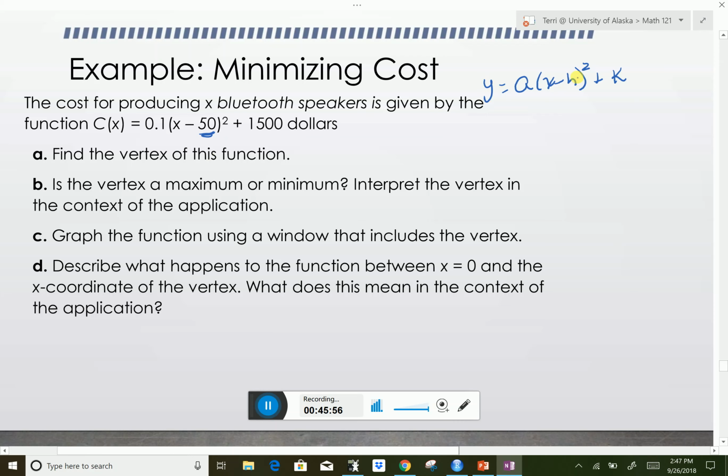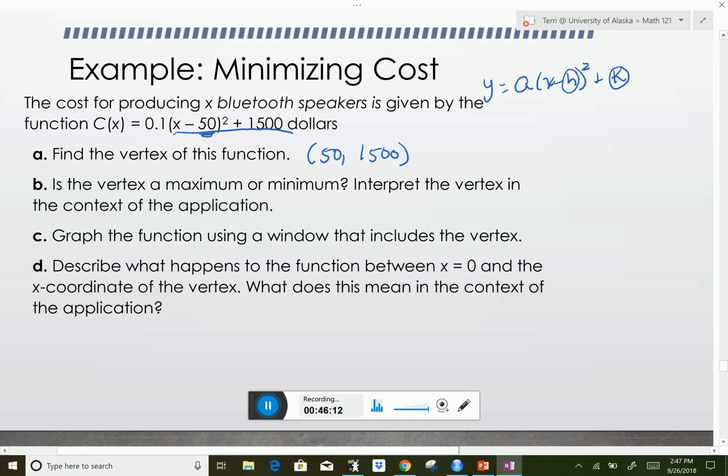So remember, the vertex is (h, k). So the vertex of this function is (50, 1500). That's it. I'm done. I don't have to figure anything out. I just look at it and say, that's the vertex.